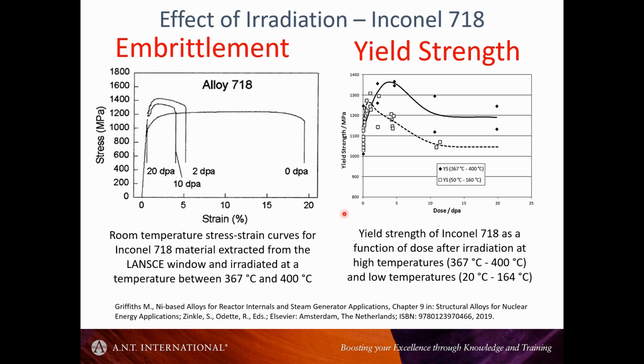One other thing that you see in Inconel 718 is with increasing doses, if you go to very high doses, the doses we just described there were down about 1 dpa, but once you've gone past a certain low dose, what you see eventually is the material gets softer. And the reason it gets softer is because the precipitates are actually dissolving with the irradiation.